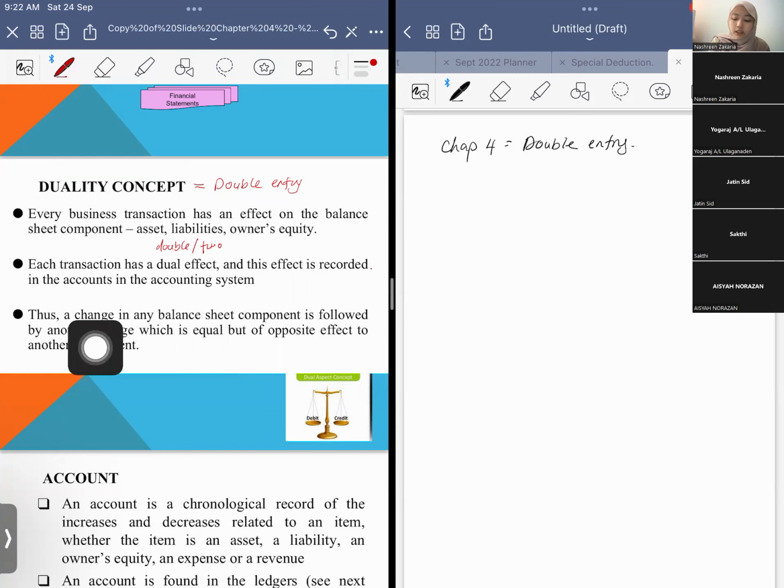Thus, a change in any balance sheet or SOFP component is followed by another change which is equal but of opposite effect to another component.